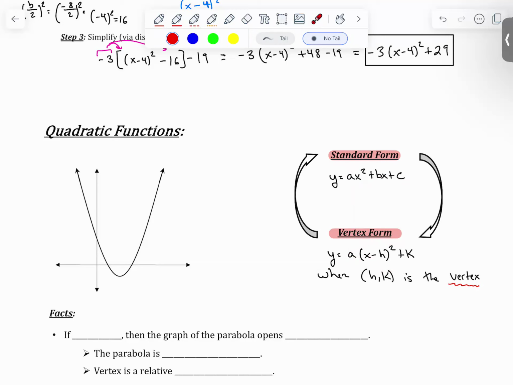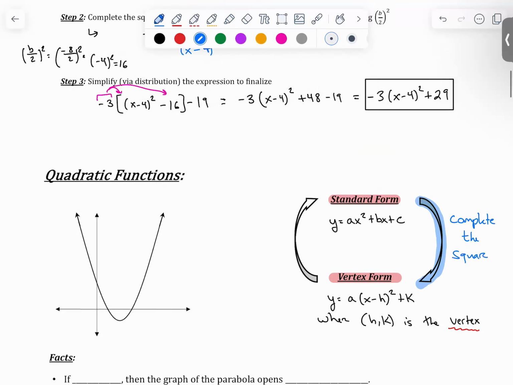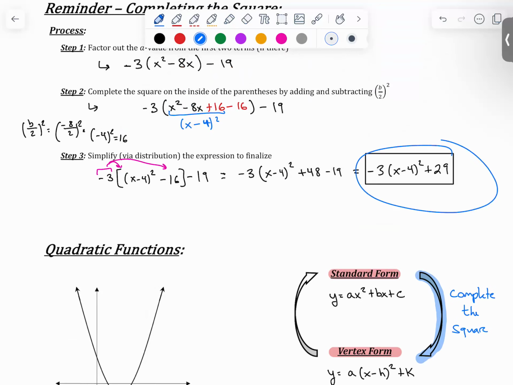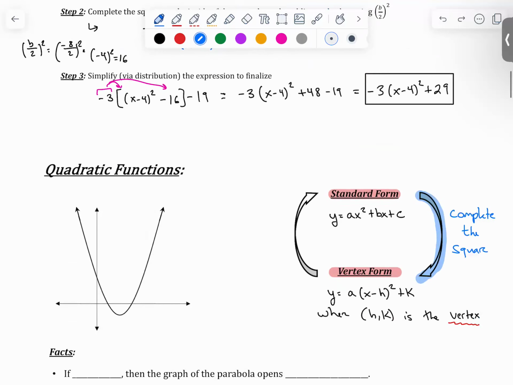Now, how do you get from one form to another? If you want to go from standard form to vertex form, you're going to complete the square. And you can see that just what we did above. We completed the square, and then we have it in that vertex form of an a times an x minus an h squared plus a k.